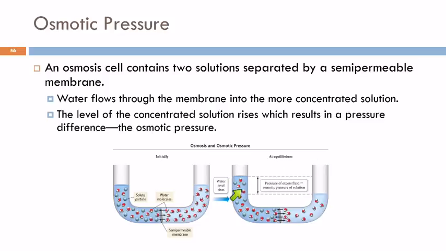So how does this relate to osmotic pressure? Well, you can measure this difference and relate it to a pressure, and that is the pressure you would have to apply to this side to prevent the osmosis from happening, to keep the levels equal. That's called the osmotic pressure.